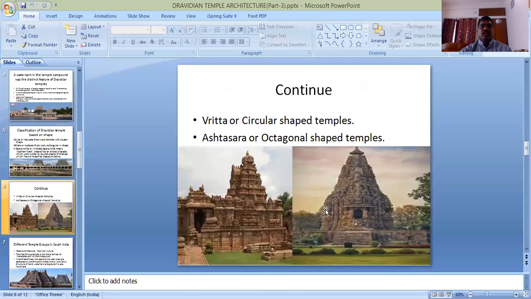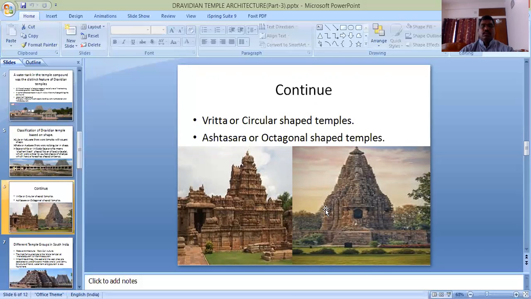And then Vritta or circular shaped temples. That means rounded, especially circular. And Astasaro or octagonal shaped temples.